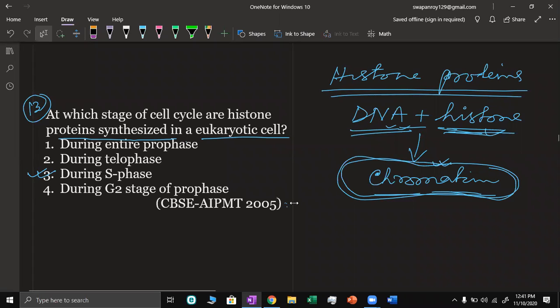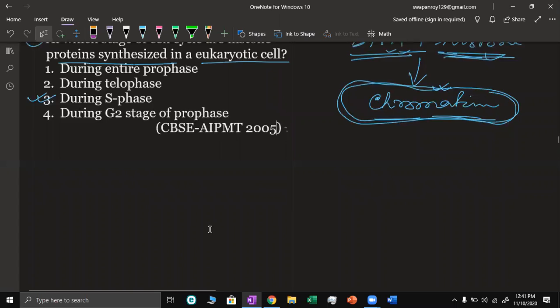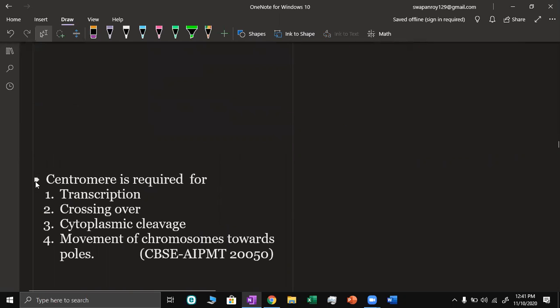It is 2005, right? Next question, number 14: centromere is required for transcription, crossing over, cytoplasmic cleavage, movement of chromosome towards the pole.